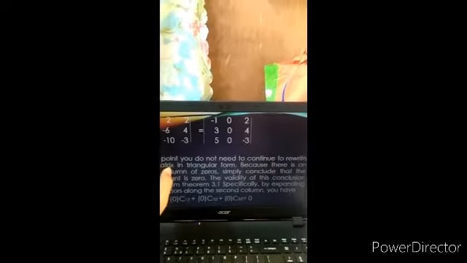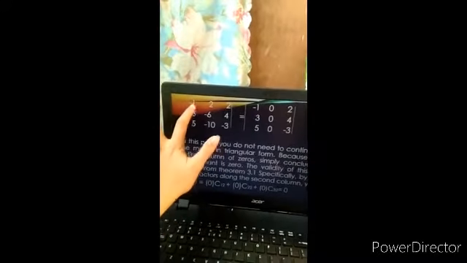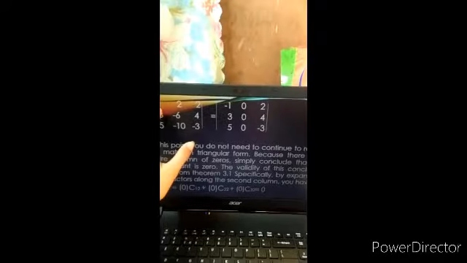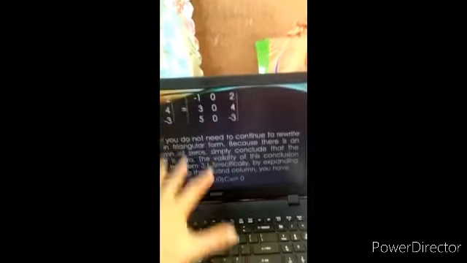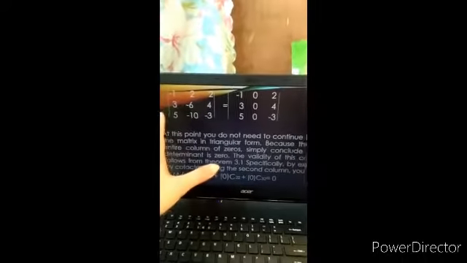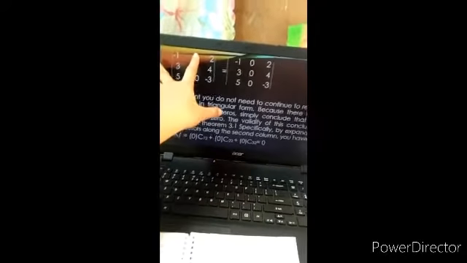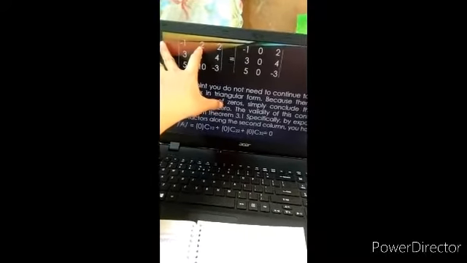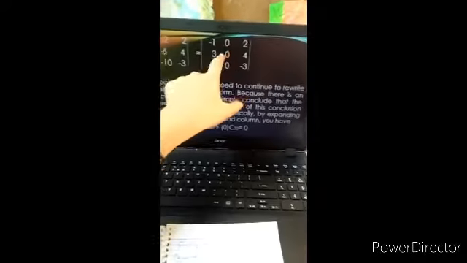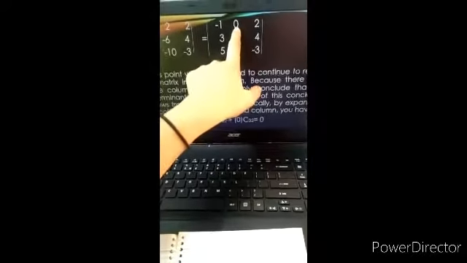Okay. So, negative 1 times 2 equals negative 2, plus 2 equals 0.